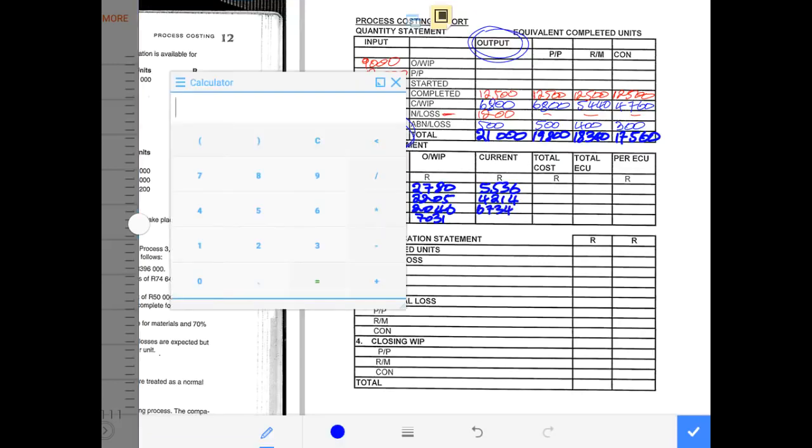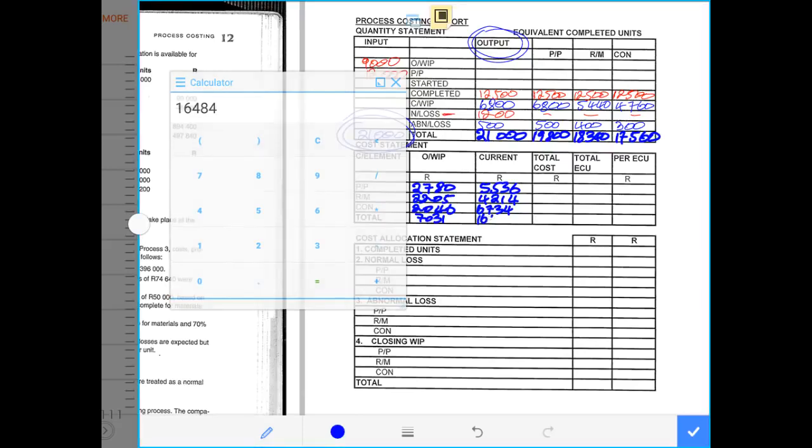Then this will give us 5,536 plus 4,214 plus 6,734, and this will give us the total of 16,484.